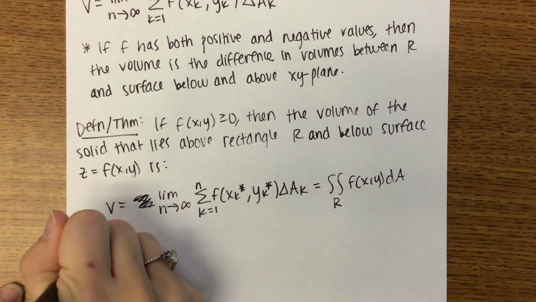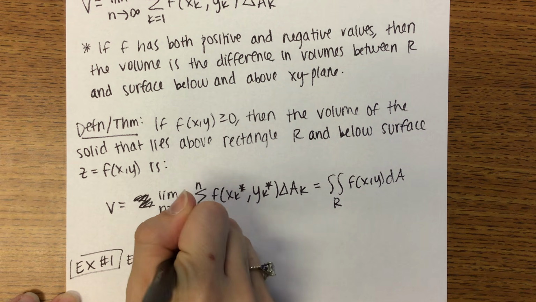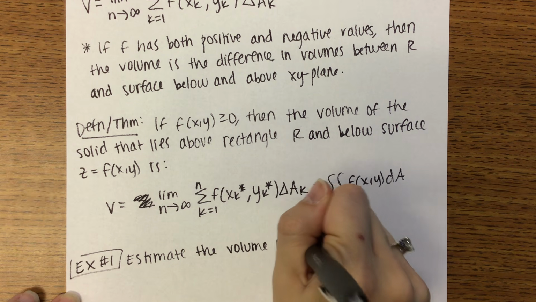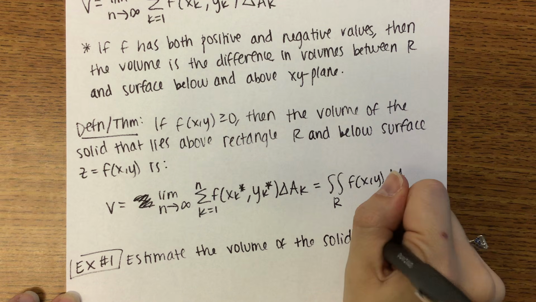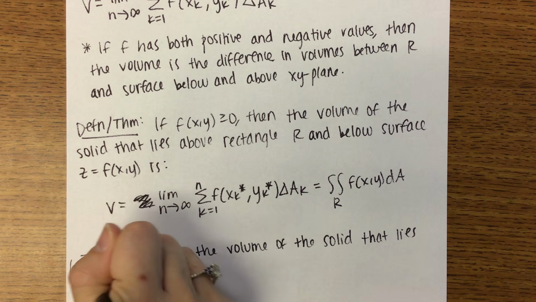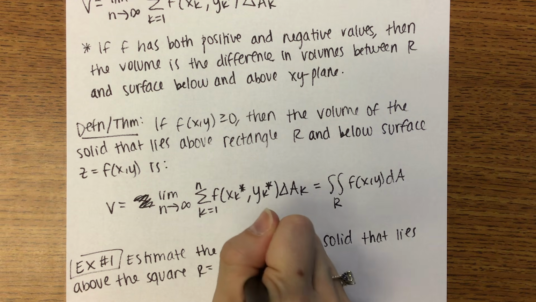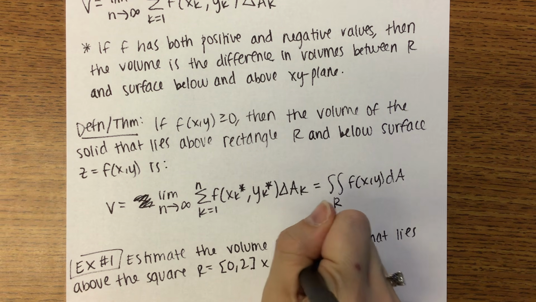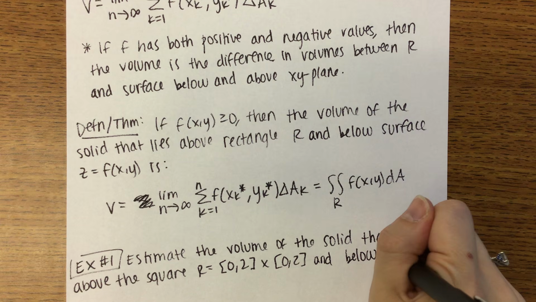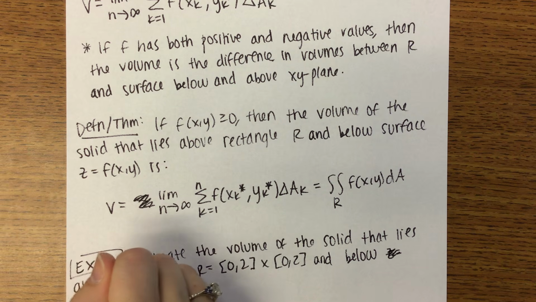Here's our first example. We are going to estimate the volume of the solid that lies above the square, which is 0,2 by 0,2, and below z equals 16 minus x squared minus 2y squared.